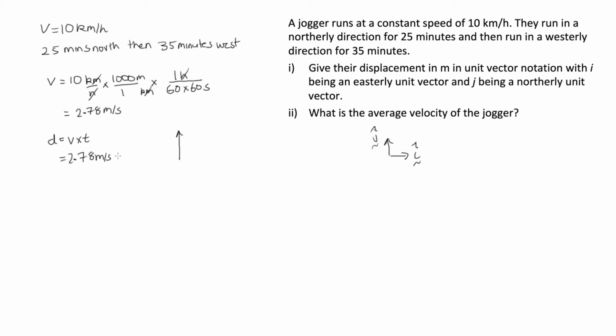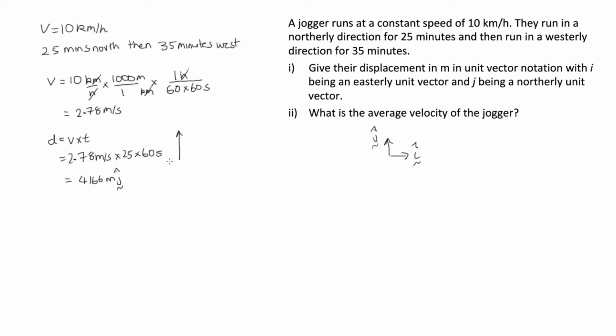It's 25 minutes, so that's times 25 times 60, because there's 60 seconds in a minute. And so this gives us the time in seconds. And so solving that, we end up with 4,166 meters. And this is in a northerly direction. So north is J. So we put a little unit vector after that.